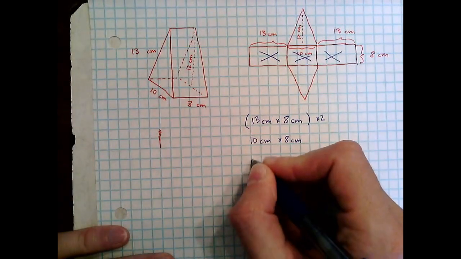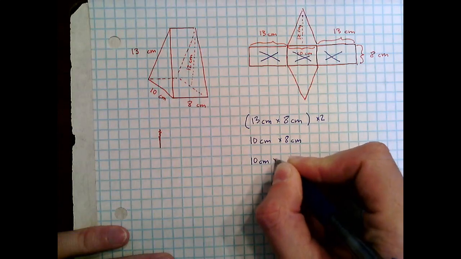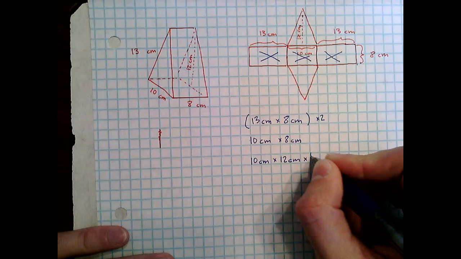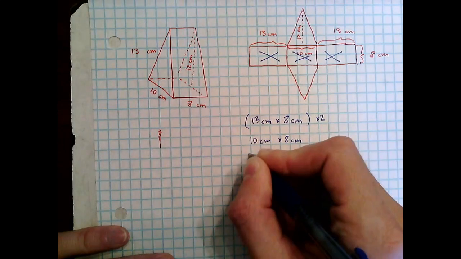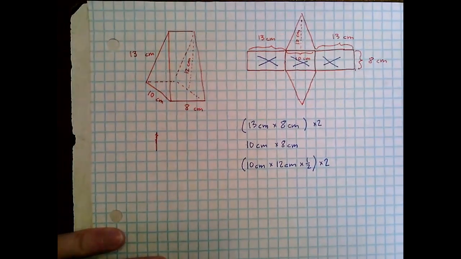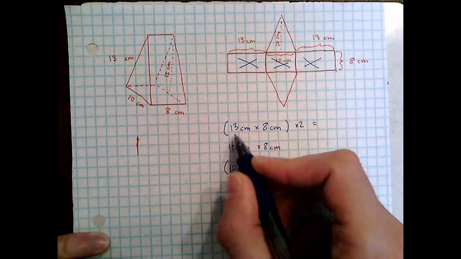So that would be 10 centimeters times 12 centimeters. Remember, it's a triangle, so I have to multiply it by half. And there's 2 of them, so times 2. And now I can go through and just add up these numbers once I've done the multiplication.